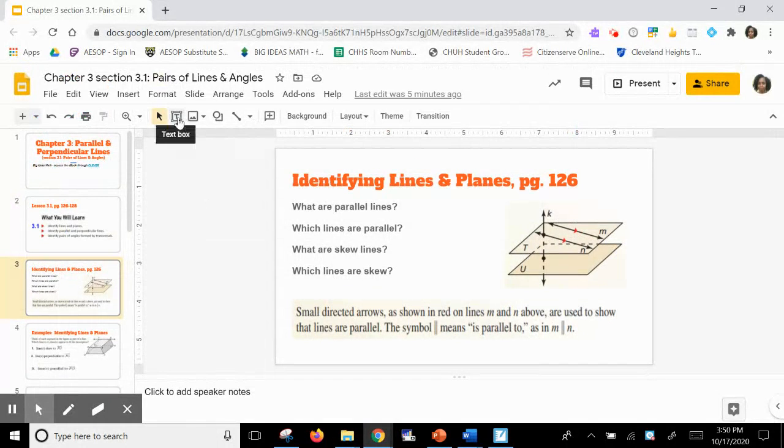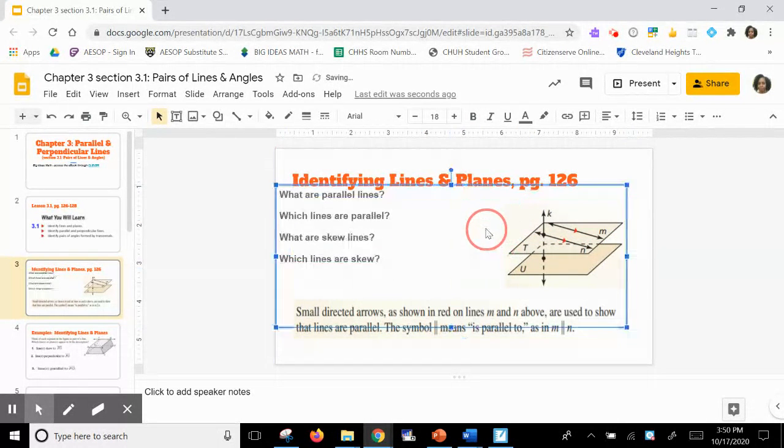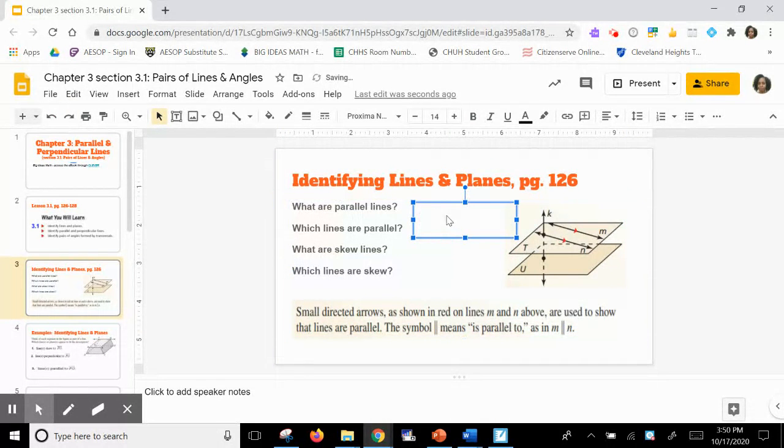If you go up here to text box, click it, and then click where you want your text box. It doesn't have to be this big, so you can make it smaller. You can move it around. And then you can add another text box for all of these other questions.